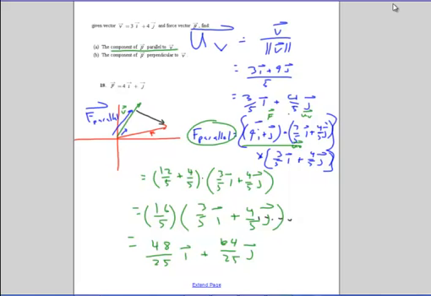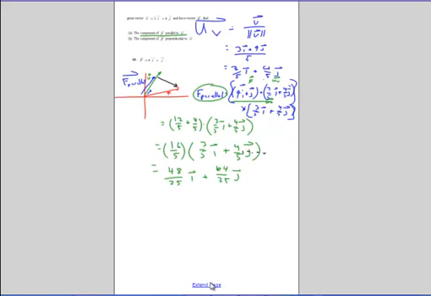And f perpendicular, well, we know that f perpendicular, if we go back a couple slides, is just f minus f parallel.